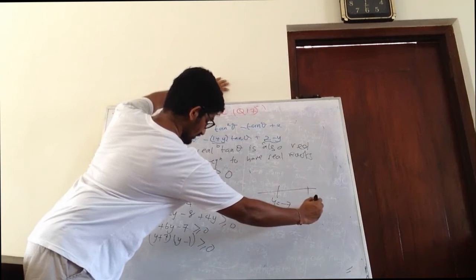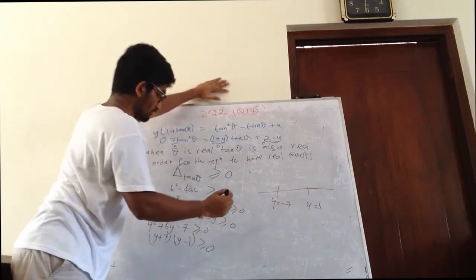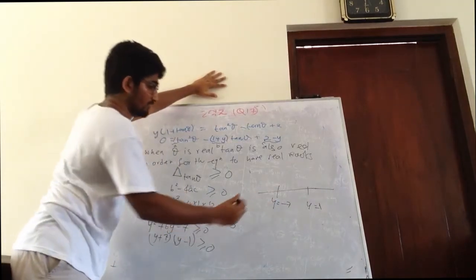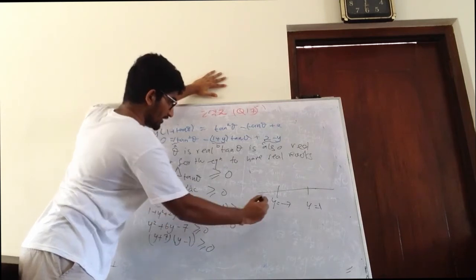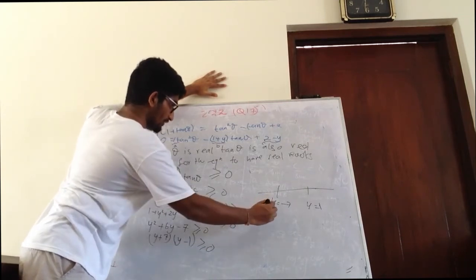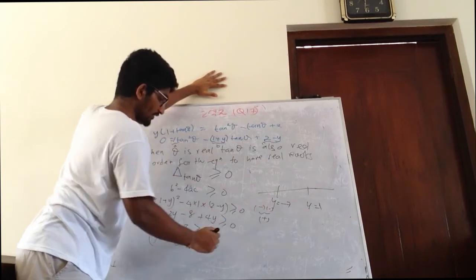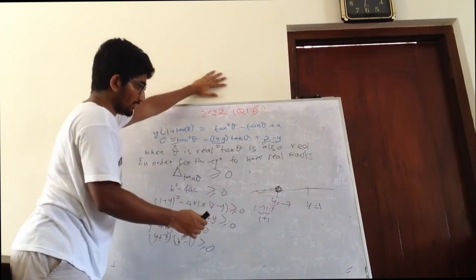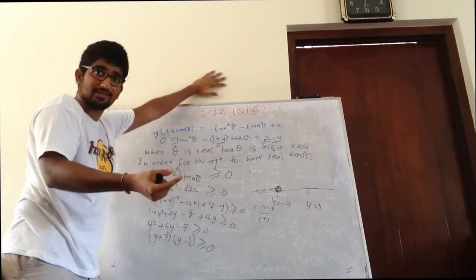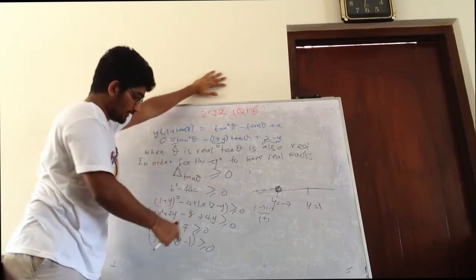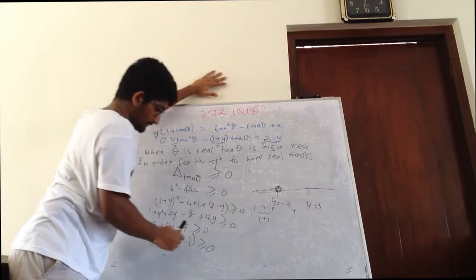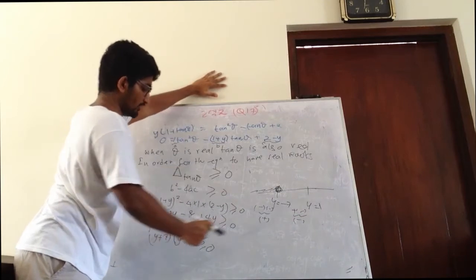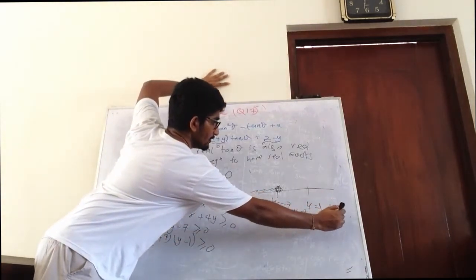If we evaluate, if you put something like minus 8, this will become negative and this will also become negative, so this is basically positive. So this is right. If you put something like 0, which is between minus 7 and 1, you will get positive here, negative here, that means it's negative. If you put something like 2, positive, positive, it will be positive.